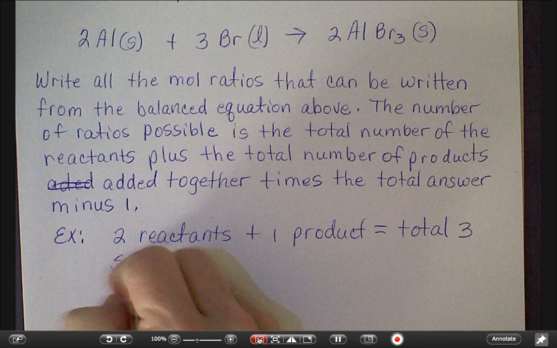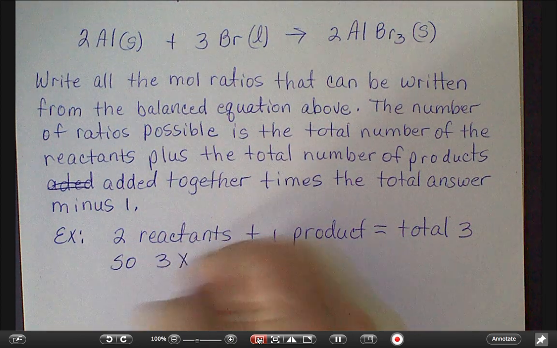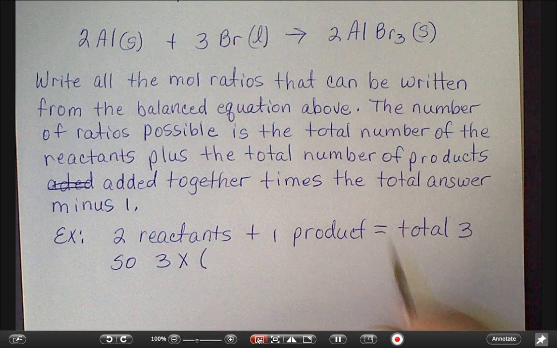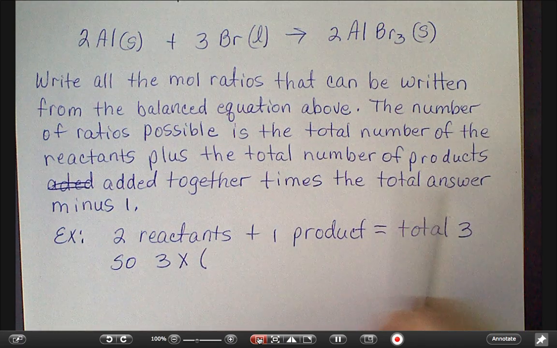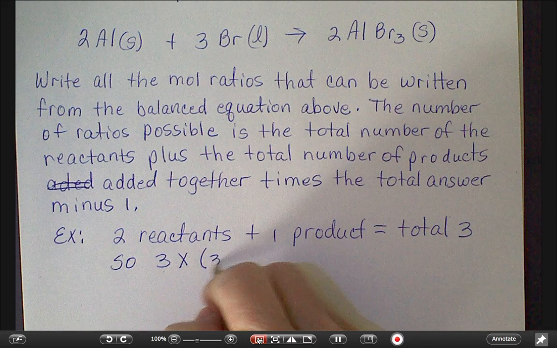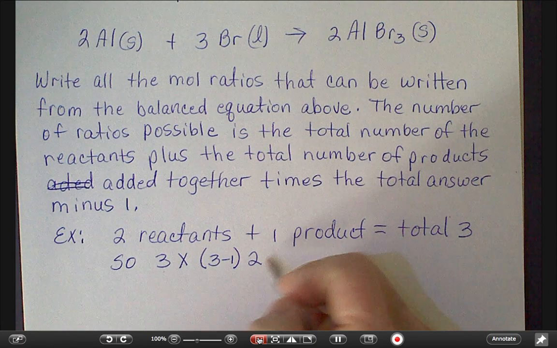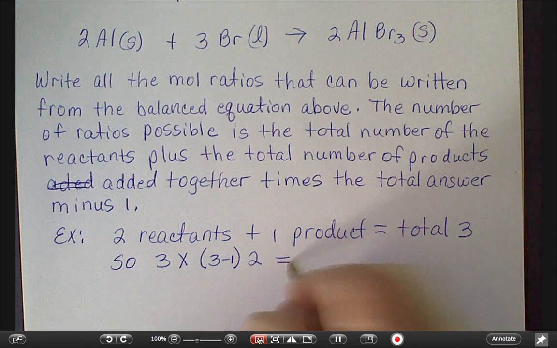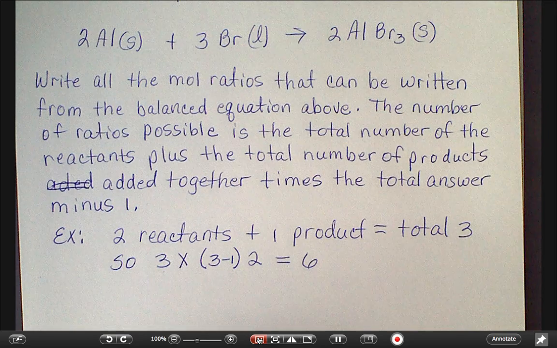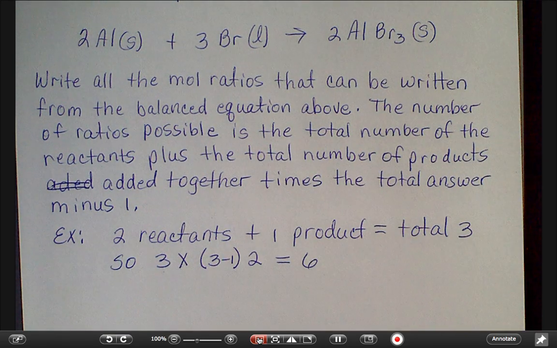So 3 times, now look what I'm going to do, times the total answer minus 1. So 3 times 3 minus 1, which is what? 2? Okay. Equals a total of 6 possible mole ratios. So this tells you how many you have to have. Does that make sense? Okay.